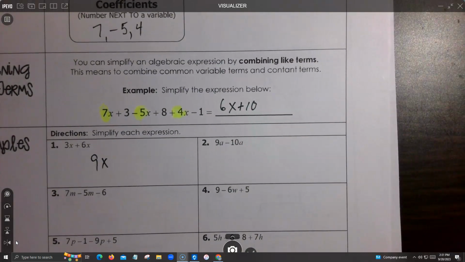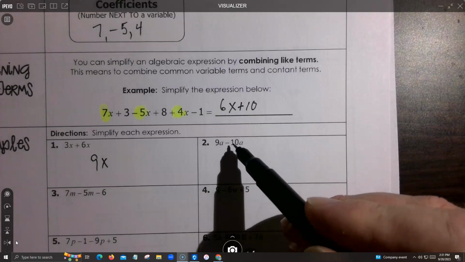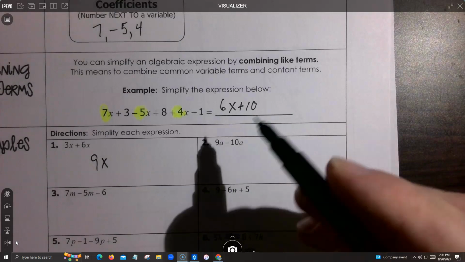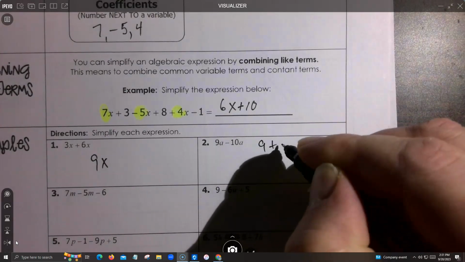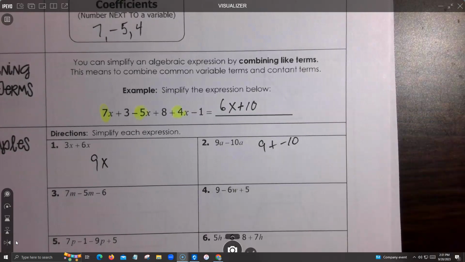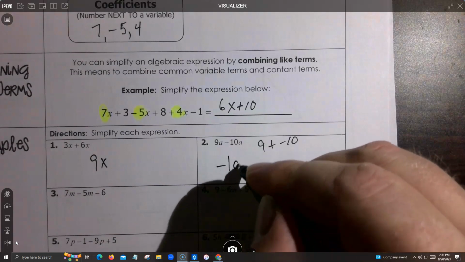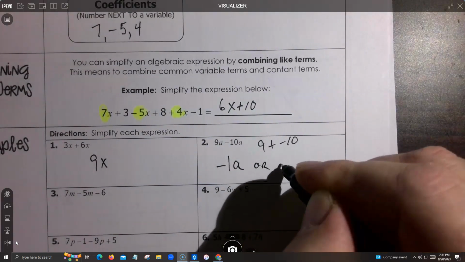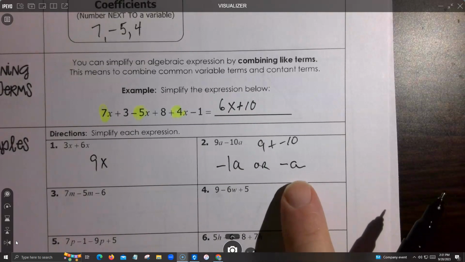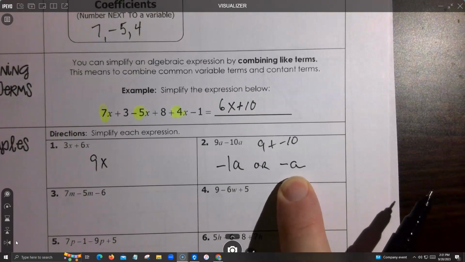Okay, number 2. I had 9a and I took away 10a. Or if you want to think of it this way, this is 9 plus a negative 10. So 9 and negative 10 is negative 1a, or negative a. The SOLs are going to put it as negative a.